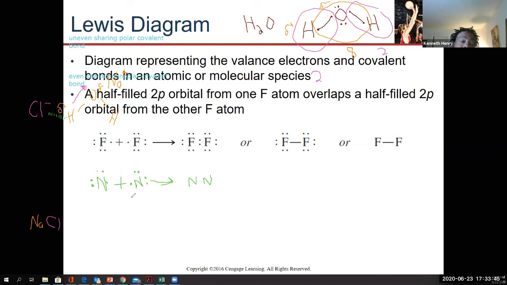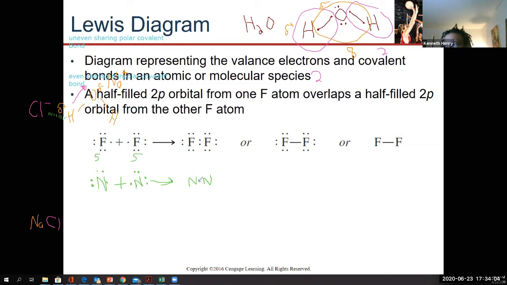Well, we can't do it with a single bond, but what if we share 4 electrons? Can we do it then? Let's see. We put 2 here. This has 5 electrons around it, and this has 5 electrons around it.